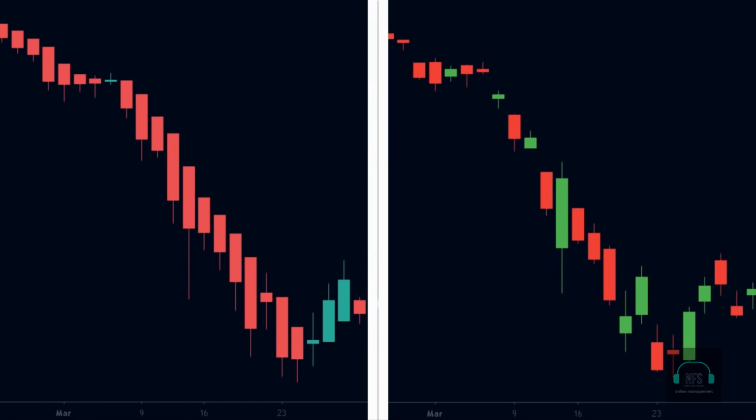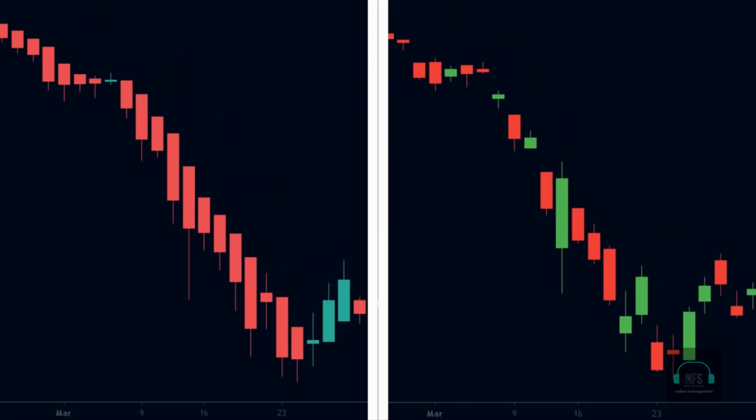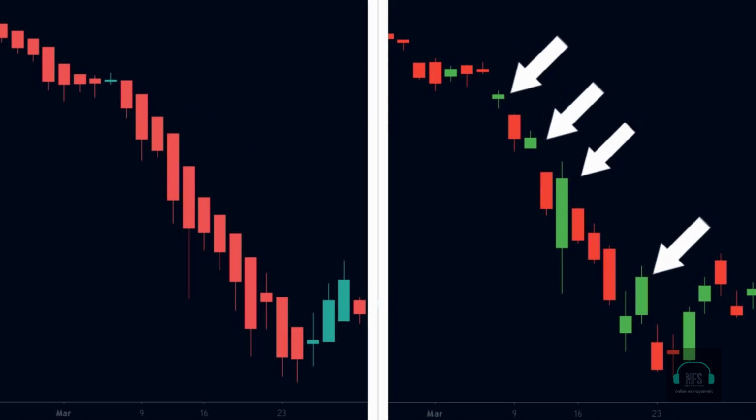Here is how the Heikin Ashi chart differs from the candlestick chart. In this chart here, we can see that the stock is in a downtrend. Now, on the candlestick chart, we see that even in a strong downtrend like this, there are 5 to 6 green candles. While the trend here can be spotted in hindsight, it will become very difficult to see the trend in real time.